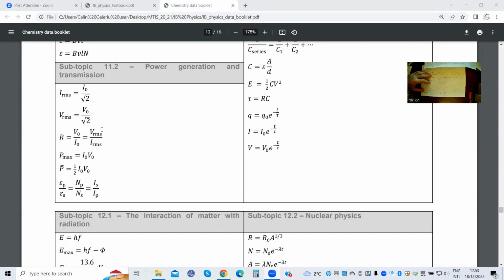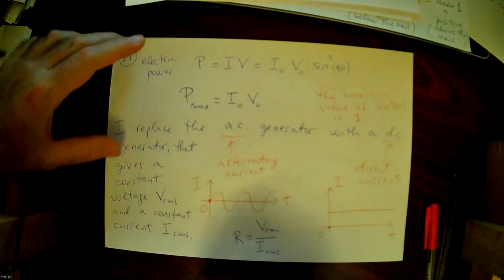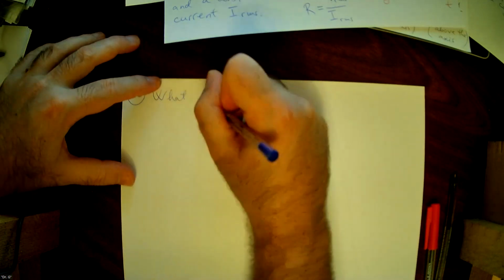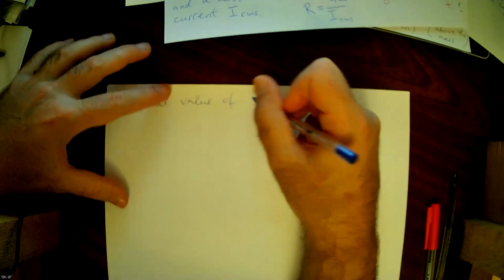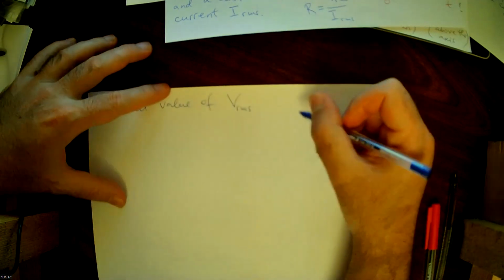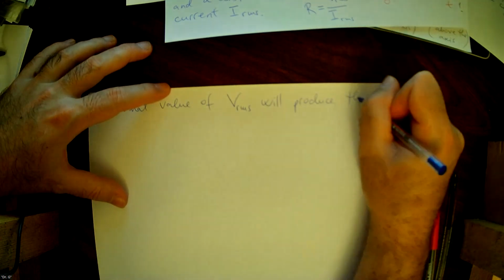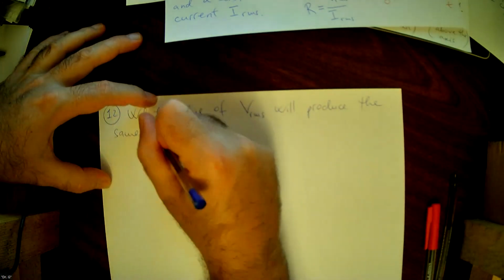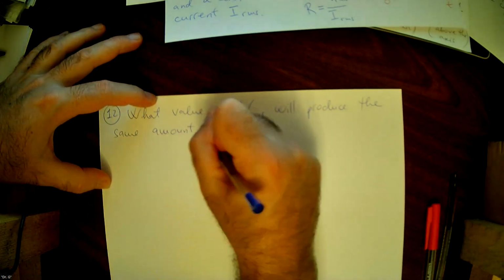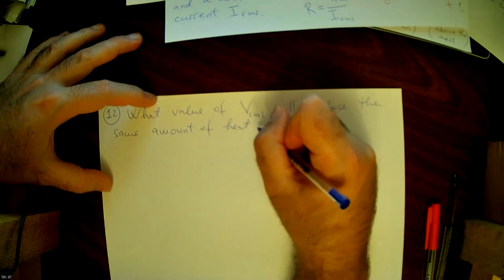And now I want to figure out what value of VRMS will produce the same heat in the resistor. What value of VRMS will produce the same amount of heat in the resistor?